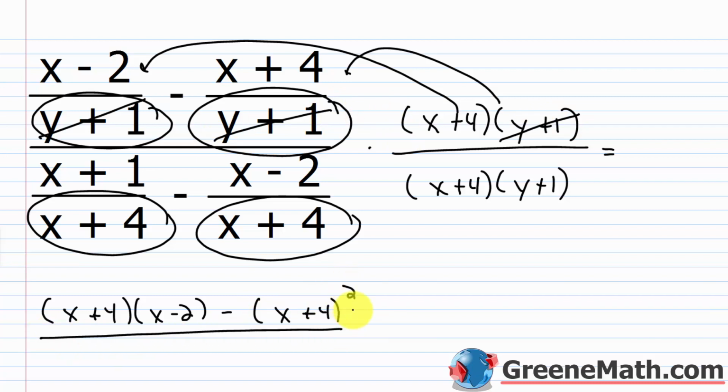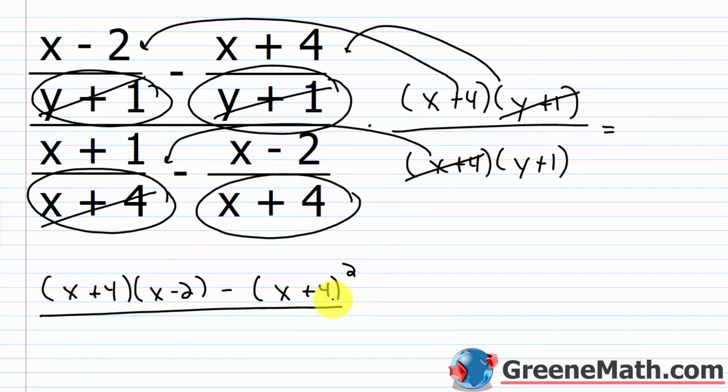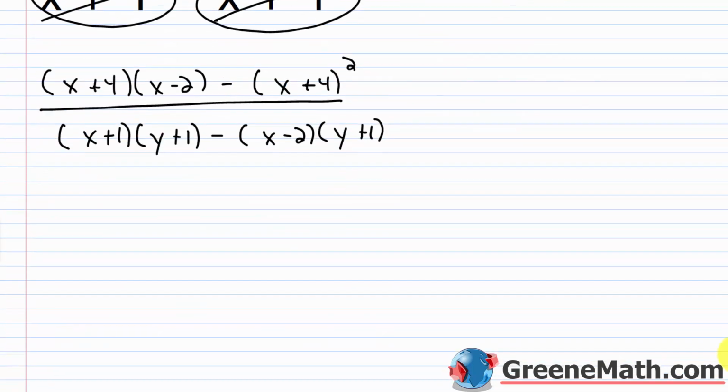This is over. Down here, when this gets multiplied, in each case, the x plus 4 is going to cancel, right? So I would just have the x plus 1 multiplied by the y plus 1. And then minus, again, this is going to cancel with this. So you would have your x minus 2 multiplied by your y plus 1.